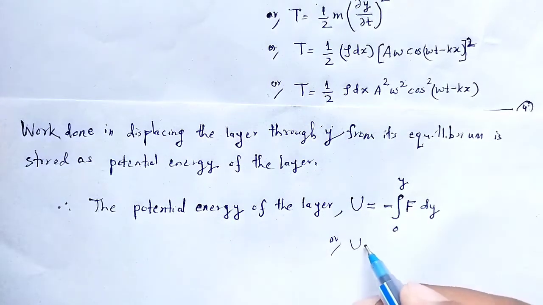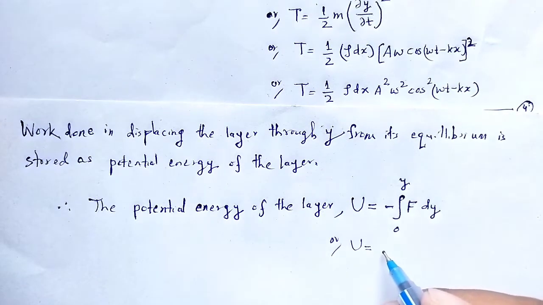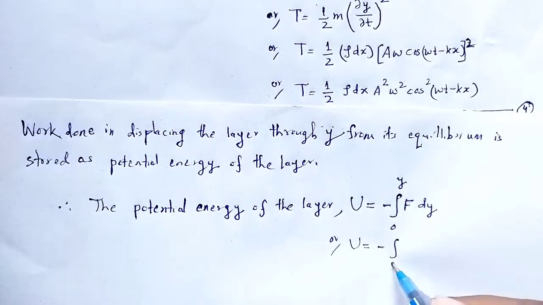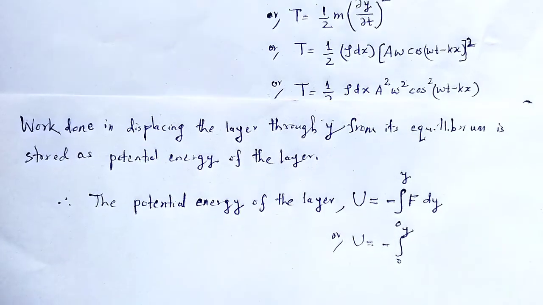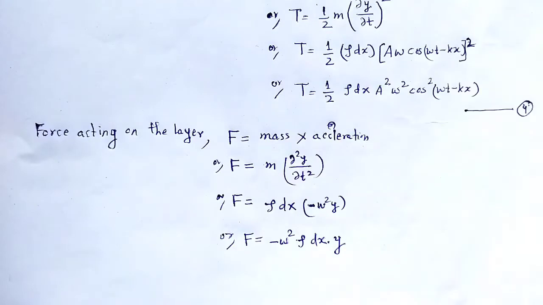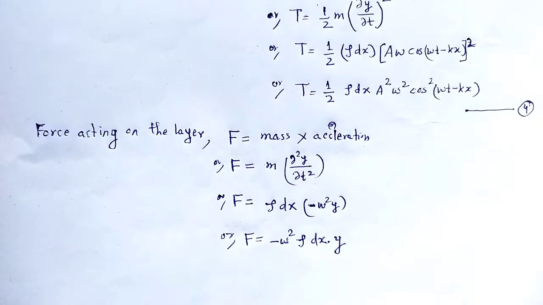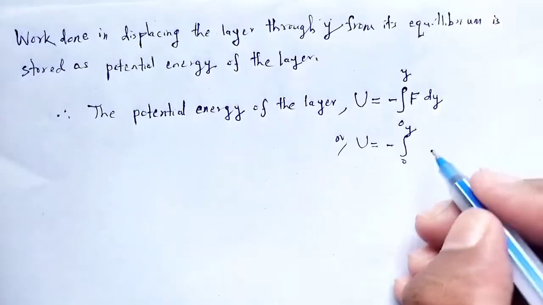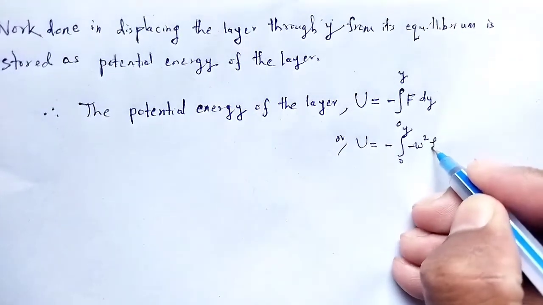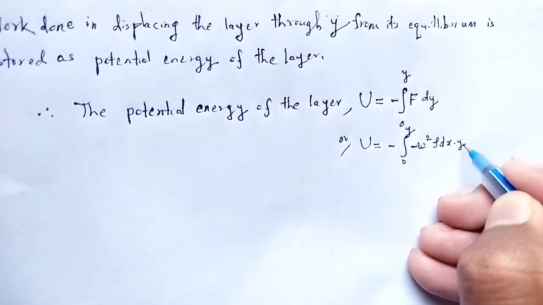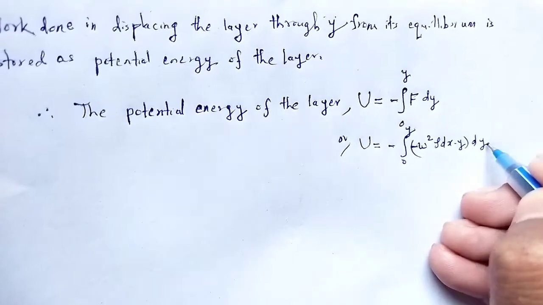Or U is equal to minus the integral from 0 to y, where the value of f is put here, minus omega square rho dx y, minus omega square rho dx y dy.